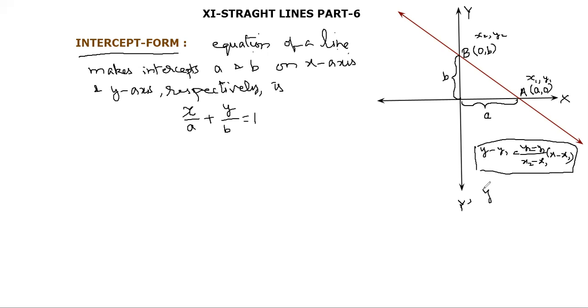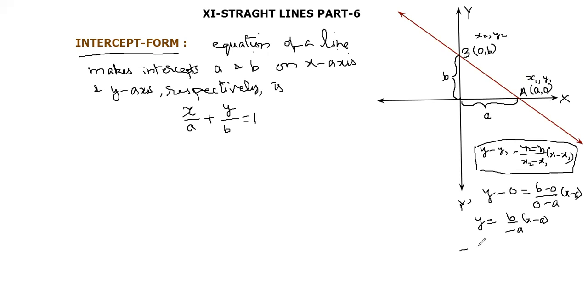You can see that y minus y1, where x1, y1 is 0, a, is y2 minus 0, x2 minus a, x minus a. Here y2 is b and x2 is 0, so this will be equal to y over b minus a into x minus a.